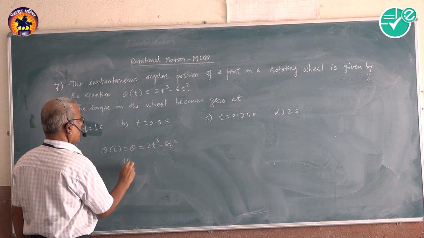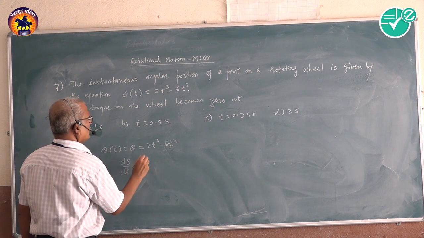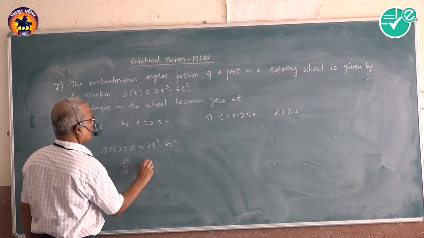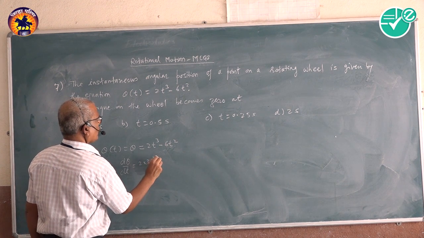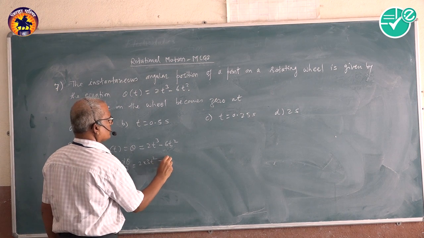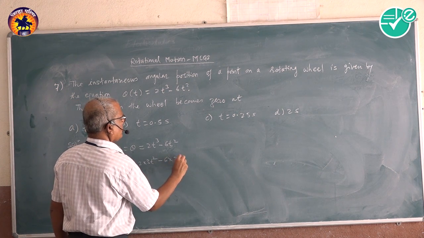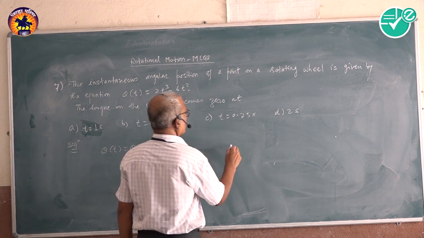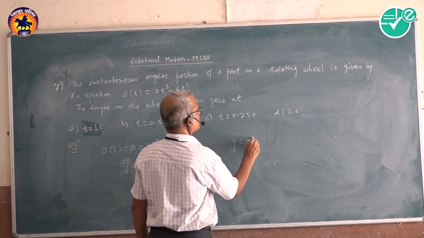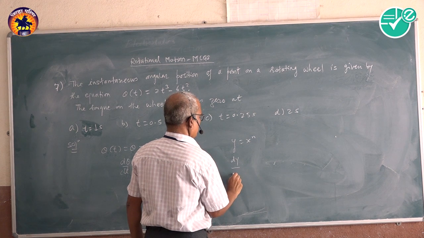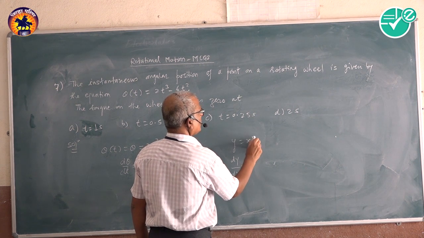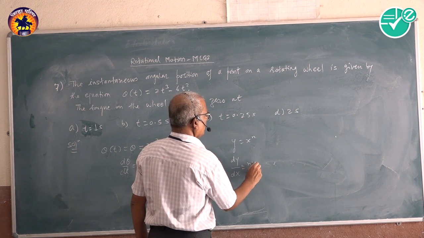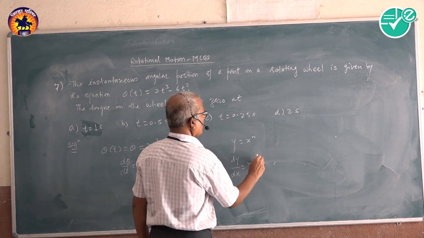So d theta by dt, the derivative, is 2 into 3t² minus 6 into 2t. Now to solve this, the basic formula for y is equal to x^n is dy by dx equals n x^(n-1): write the power in multiplication and deduct the power by 1.